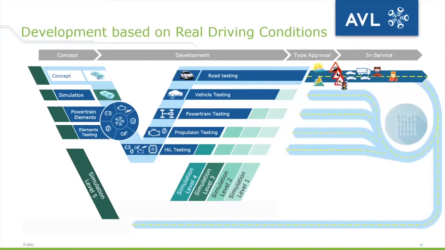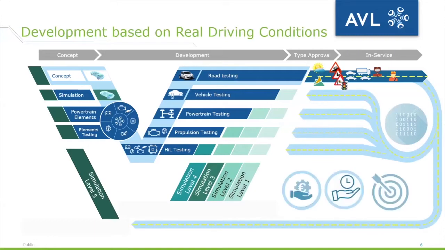So we are talking about the virtual road conditions. And to be efficient and accurate enough, this process needs to be fast, accurate, and to be able to go to the market in a timely way, it should also be very quick. Therefore, we concentrated in AVL to develop solutions that facilitate this process.